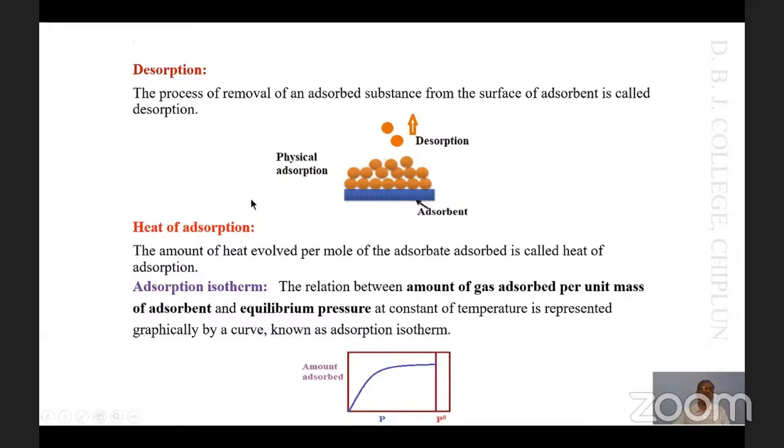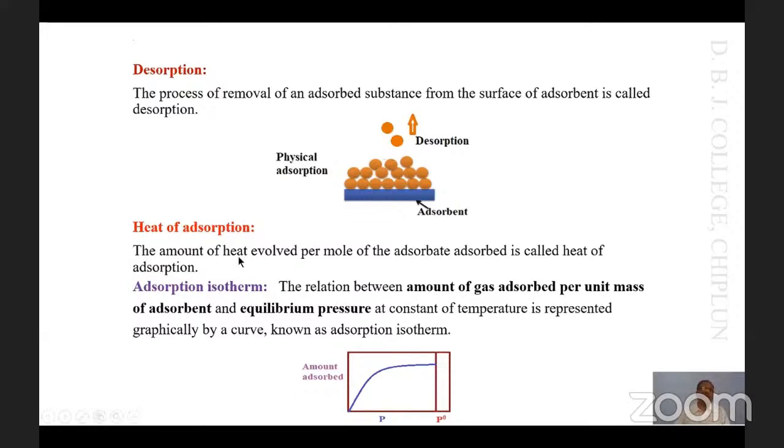Now then, the next term is heat of adsorption. This phenomenon of adsorption is an exothermic process. So therefore, during the adsorption of gas or liquid molecules onto the surface of an adsorbent, some amount of heat energy is liberated or evolved.